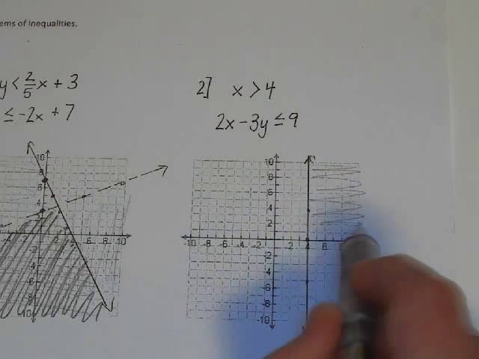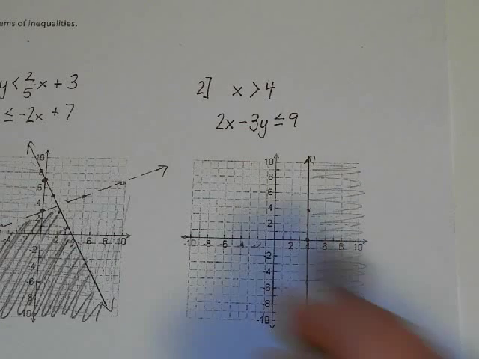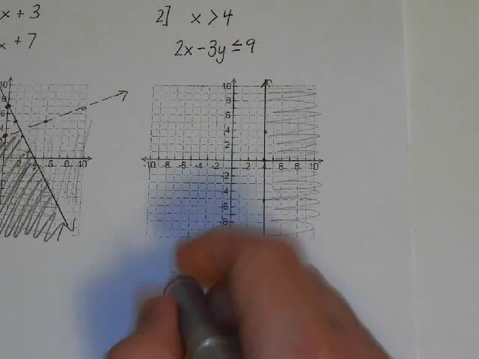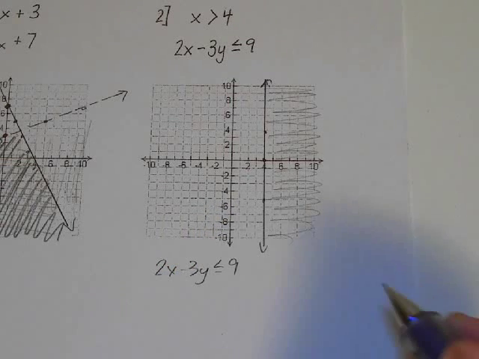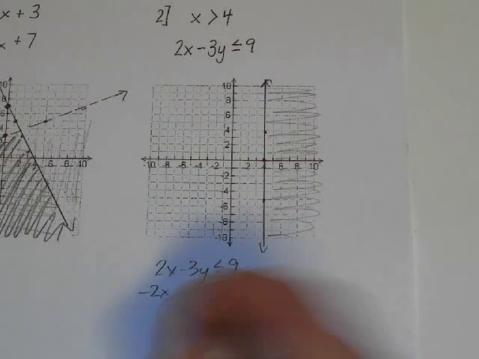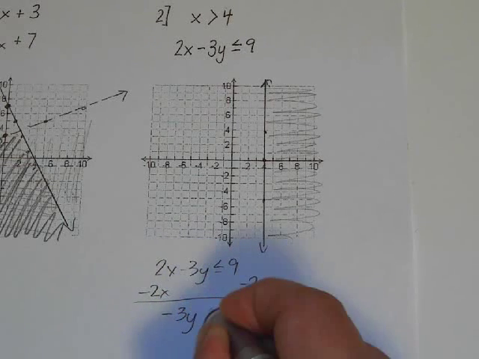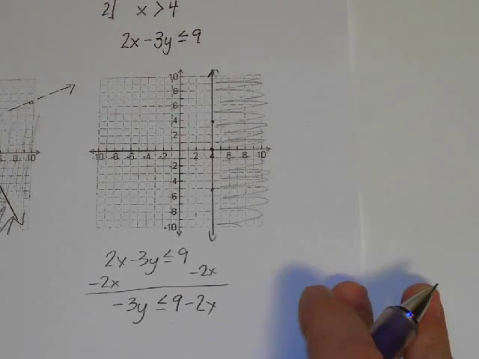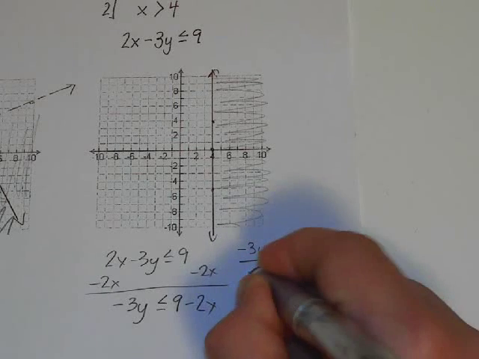Now, this inequality is not solved for y. So I'm going to do that below here. So I'm going to subtract 2x from both sides. We get negative 3y is less than or equal to 9 minus 2x. And then we're going to divide both sides by negative 3. Now, when we divide or multiply by a negative number with inequalities, we must flip the inequality sign.